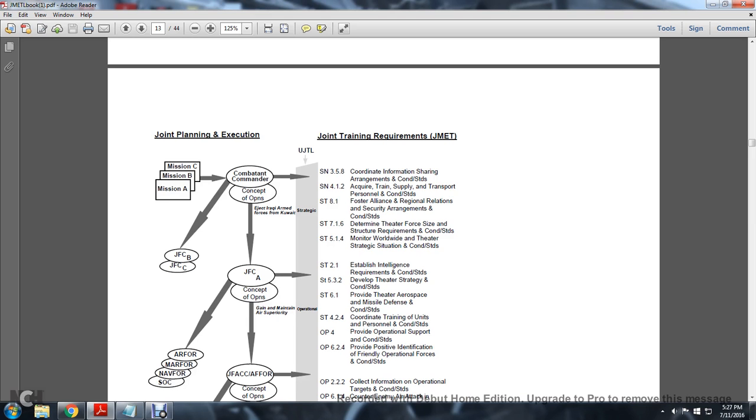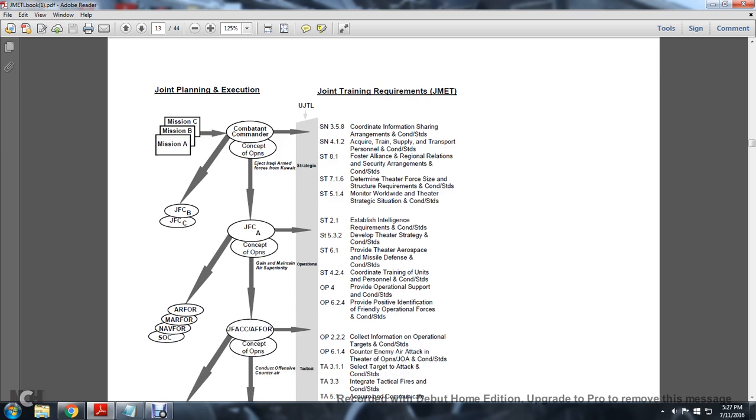Eject Iraqi armed forces from Kuwait goes through the Universal Joint Task List and gives the joint training requirements: coordinating information sharing, with conditions and standards; acquiring and training supply, transportation, and personnel, with conditions and standards; fostering alliances for regional relations and security arrangements, with conditions and standards; determining theater force size and structure requirements, with conditions and standards; monitoring worldwide, theater, and strategic situation, with conditions and standards.